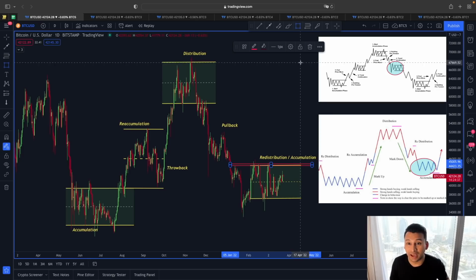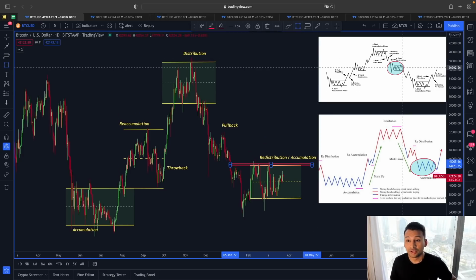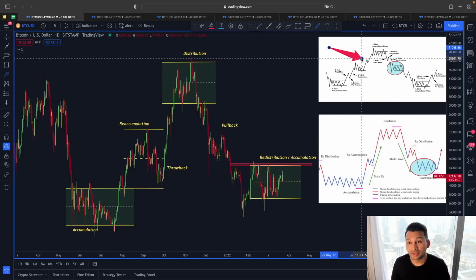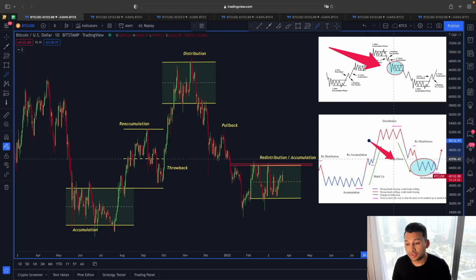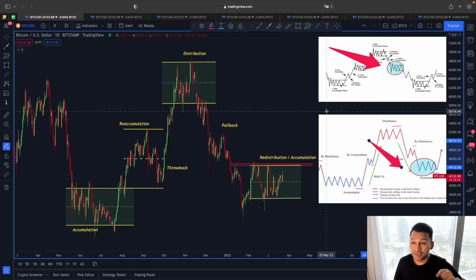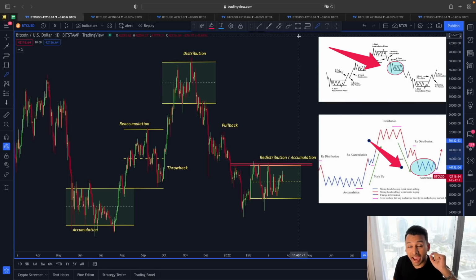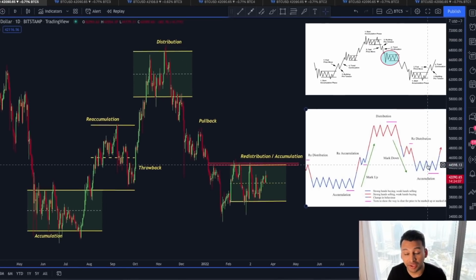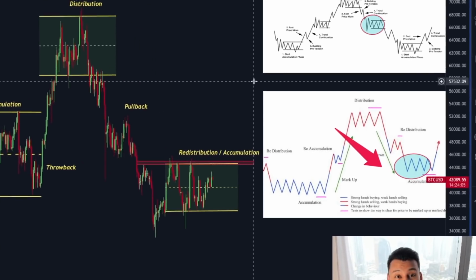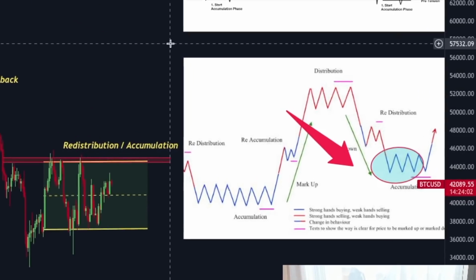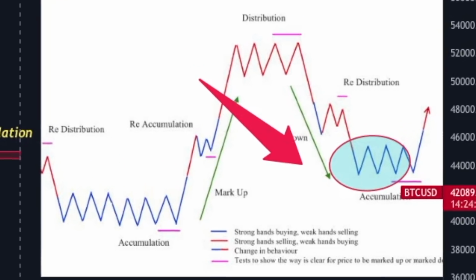Because if you look at the example here on the right hand side, this one here is a redistribution phase, and here to the downside, this is an accumulation phase. So now, since we are not sure what is actually unfolding, an accumulation or a distribution phase, if we actually manage to flip this 45,000 resistance into support, then I will look at this more as an accumulation phase, where the price of Bitcoin could be gravitating towards this 50 to 55,000 again before choosing a trend direction.